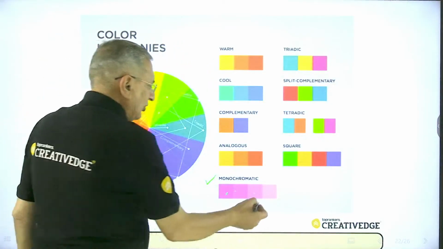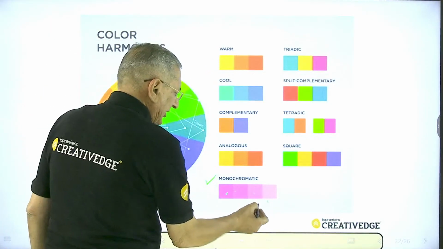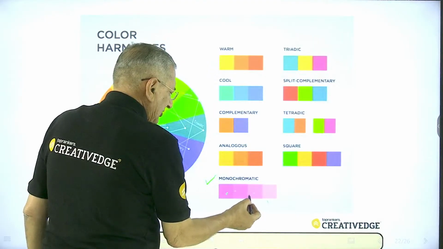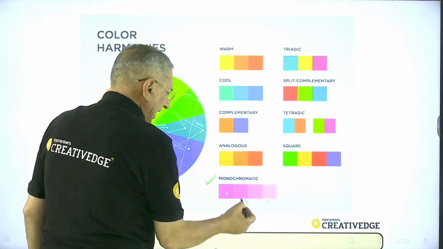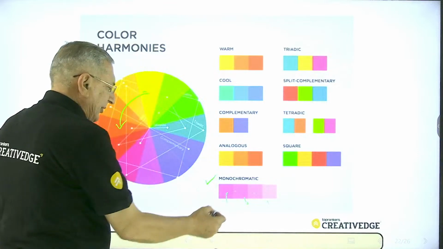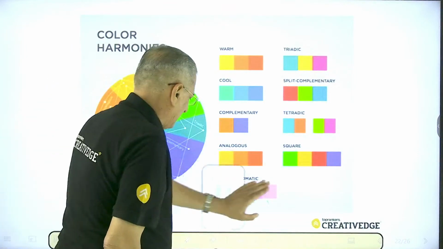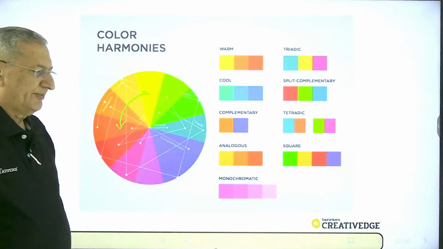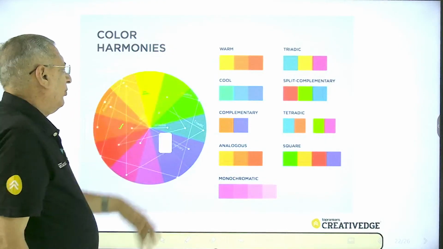There they are using tints, that means a mix of white, shades, that is a mix of black, and tones, that is a mix of gray in one color. The arrangement is called monochromatic.